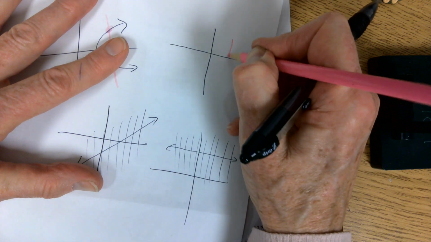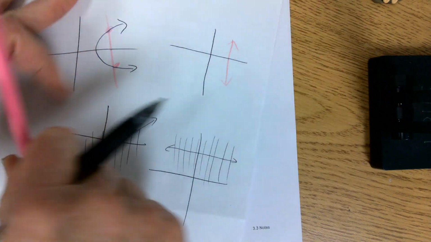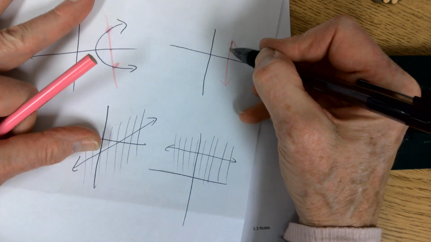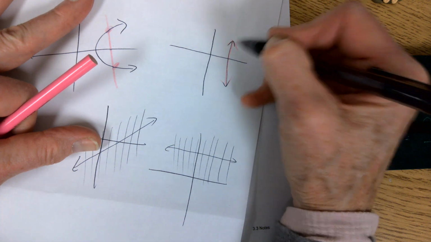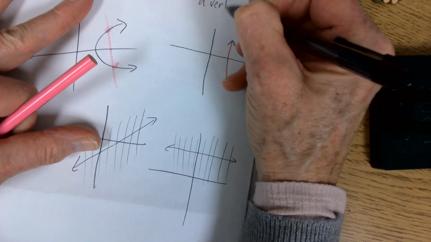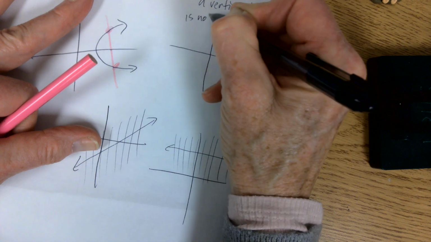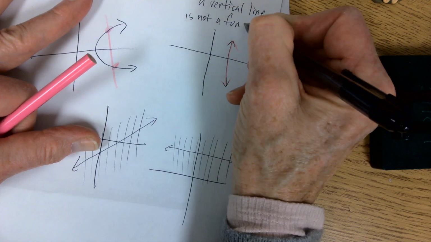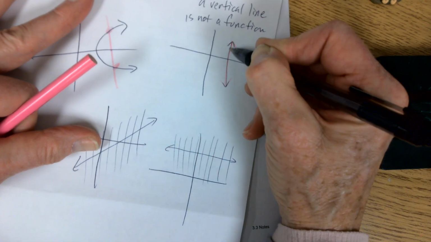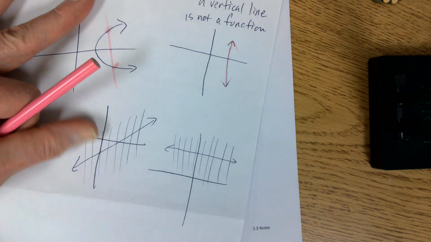If I draw a vertical line, and then I do the vertical line test, a vertical line is not a function, okay? Because it would intersect an infinite number of points, which is more than 1 point.